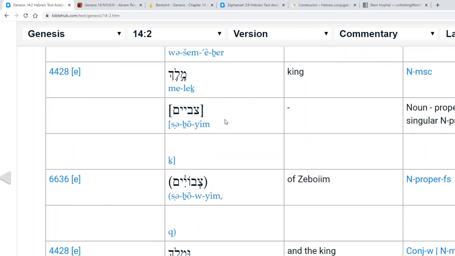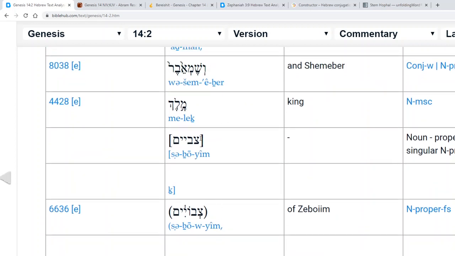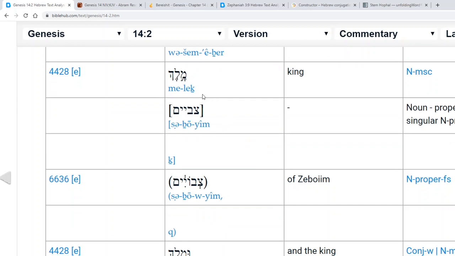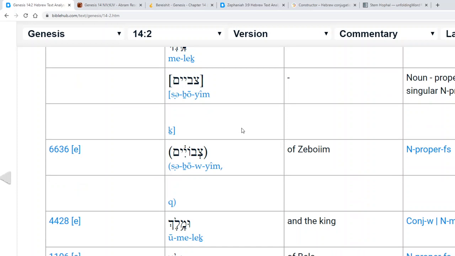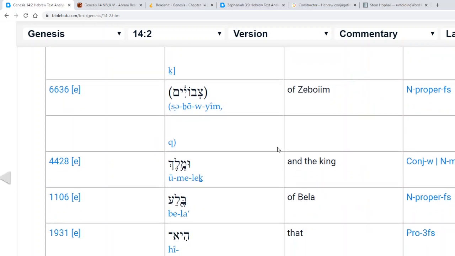Melech Tzivoim, the king of Tzivoim, and like we said, this is written differently. There are a few times that it happens that it's written one way and it's said another. Tzivoim is how it's read.